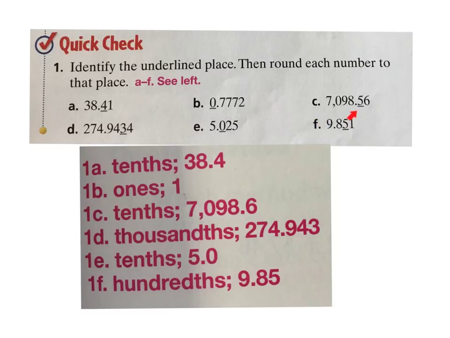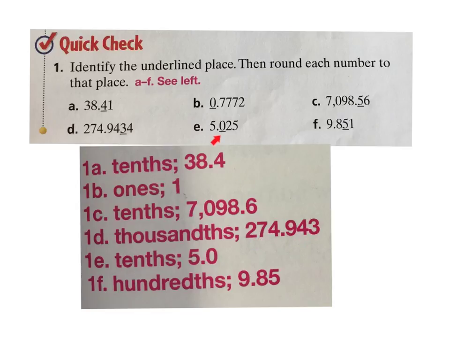Take a look here. The 5 is the tenths place. After the 5 is a 6. That's 5 or more, so I round my 5 up to 6. Down here you can see the answer. Here, the 3 is in the thousandths place. After it is a 4, which is less than 5, so I leave it at 3: 274.943.